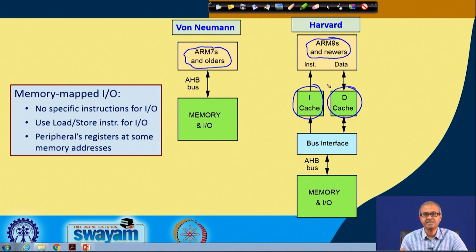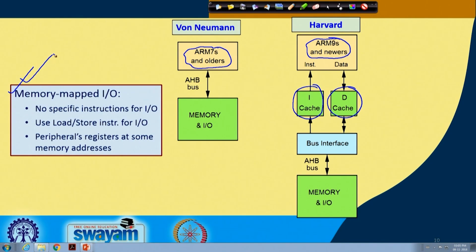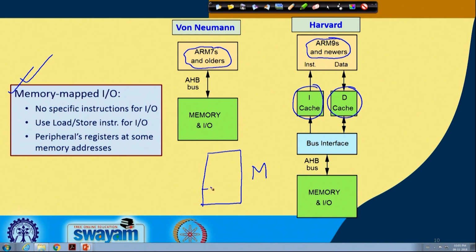Now, another feature I would like to mention is that ARM processors do not have any separate instructions for input output. They use something called memory mapped IO. Let us say this is your total memory area. There is one part of memory which you reserve for the IO devices.